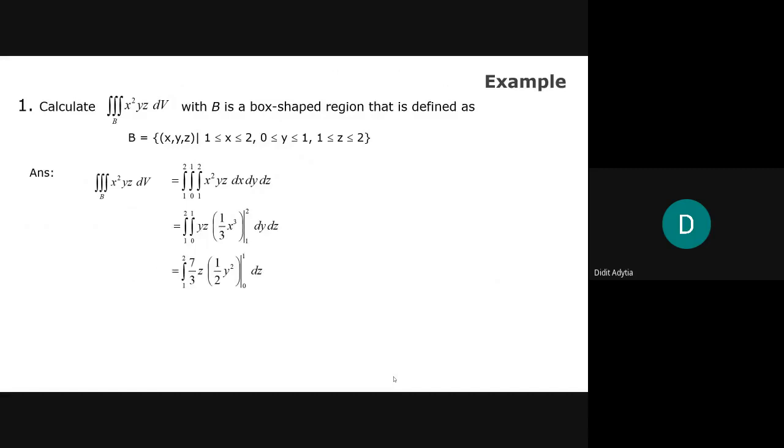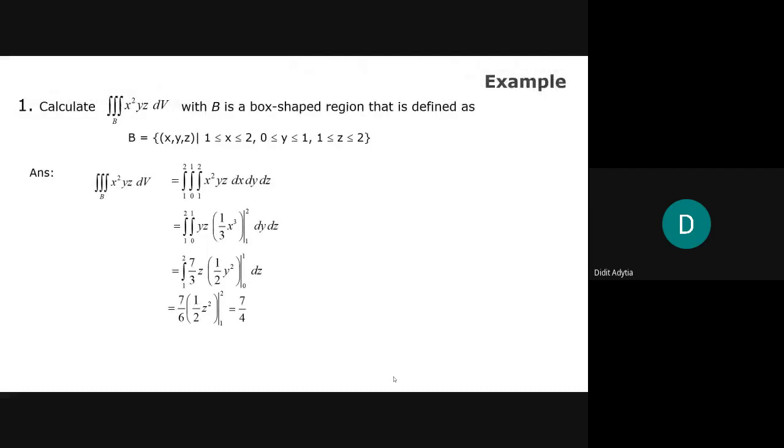Okay, example is like this, and then the rest is the same. 7/4. Okay, ada pertanyaan nggak? Any questions regarding this one? Ada pertanyaan? Belum ya? So far, understandable. Okay.